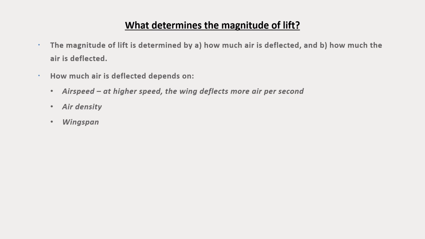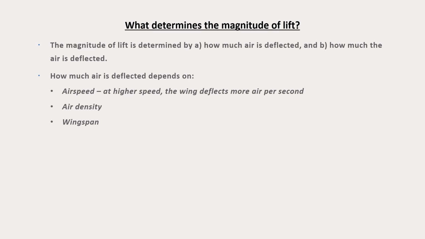If you think about the amount of air being influenced in 1 second of flying, the length of that tube will be based on our airspeed. If we're moving fast, it'll be a long tube.